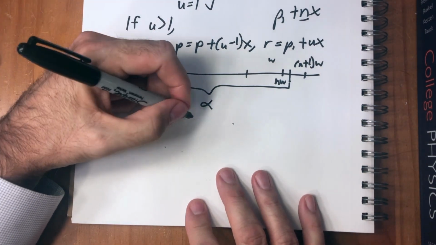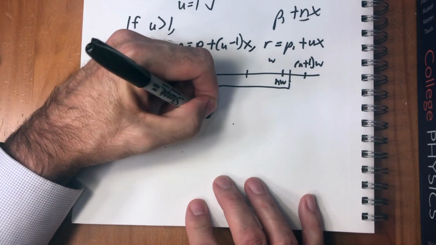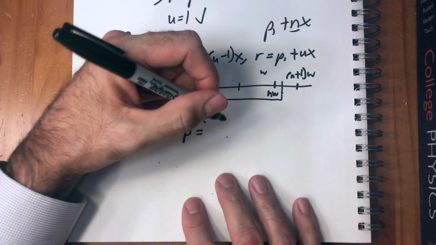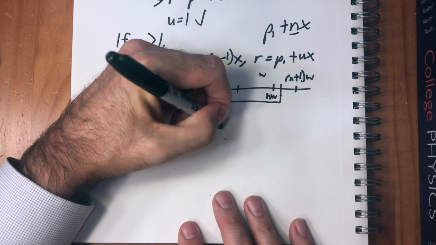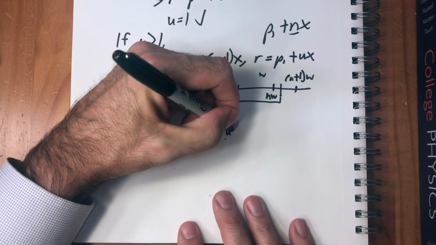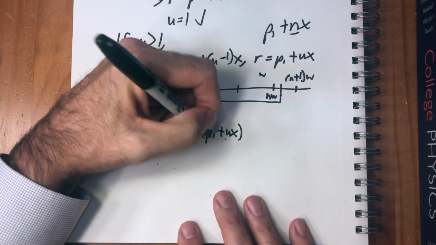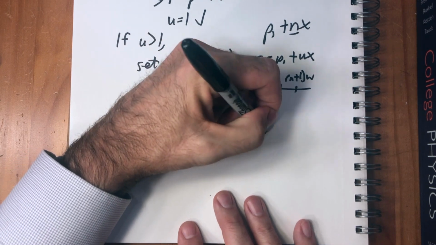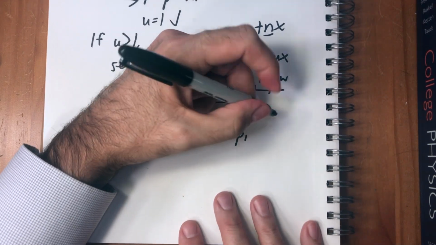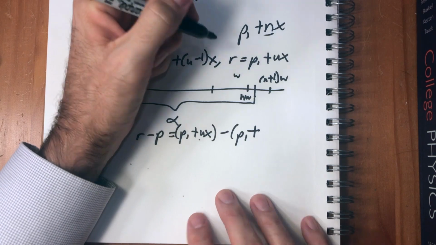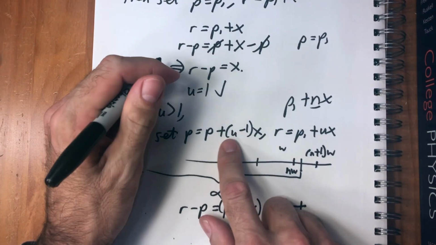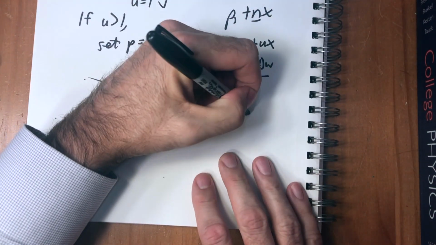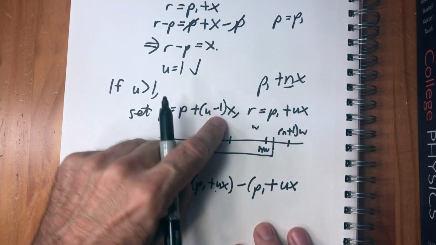So it's very similar to what we were doing before. With that in hand, we have r minus p equals, just plug these in, p1 plus ux, that's r, minus p1 plus, I'm just going to distribute this out, so it's ux minus (ux minus x).